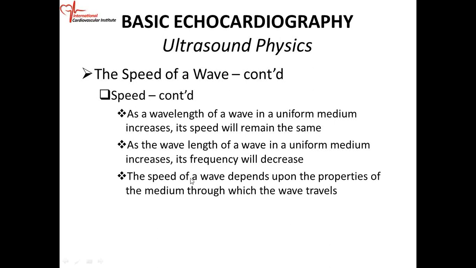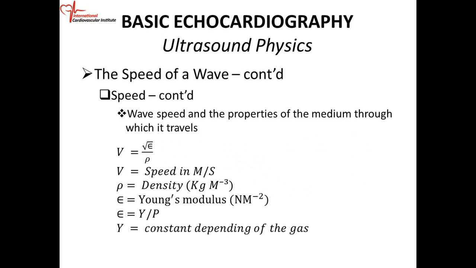What we also know is that the speed of a wave depends on the properties of the medium through which it travels. It depends on the density, the elasticity, and the temperature to some extent. You don't have to memorize the formula, but again, as we said, the speed of a wave in a medium depends on the density and the elasticity.